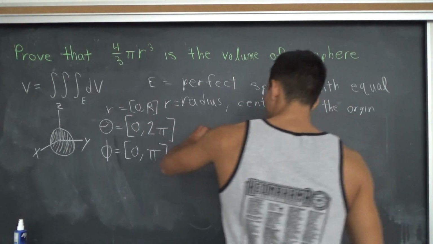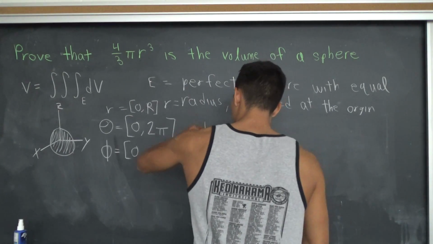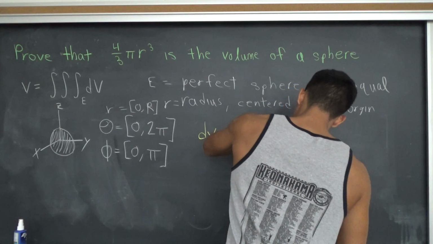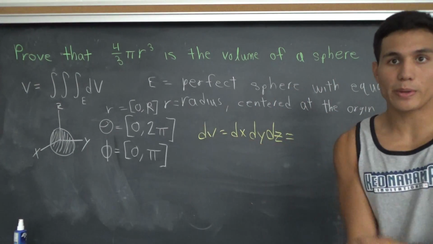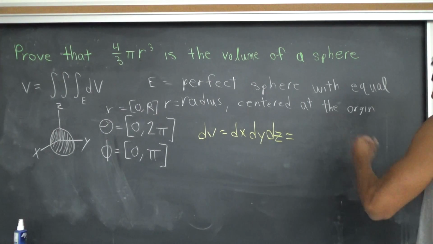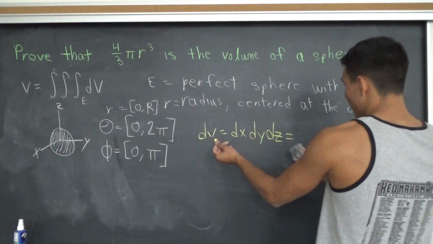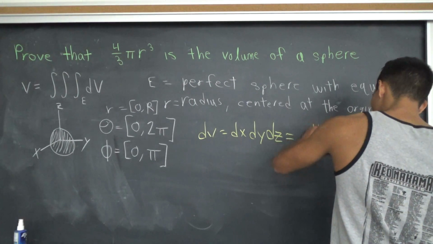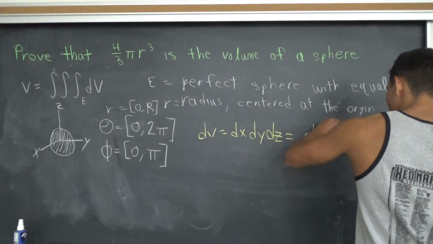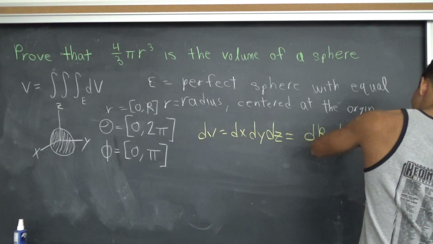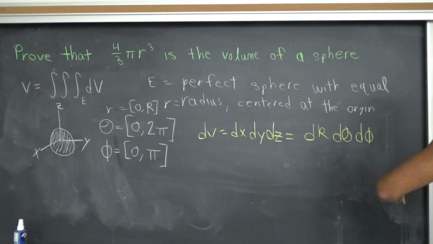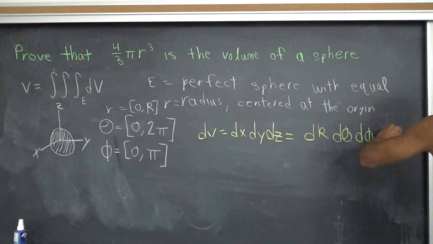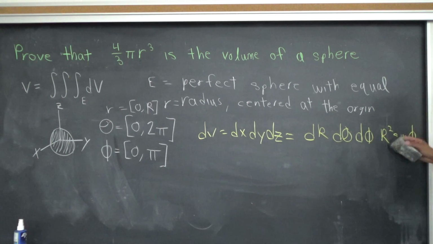So dV is equal to dx dy dz. But we have a sphere, so we want to use spherical coordinates. Spherical coordinates would be dr, d phi, d theta, and then we have r squared sine phi.